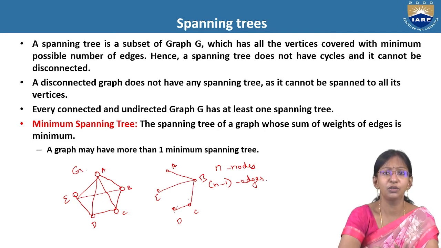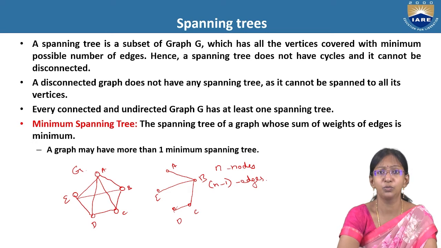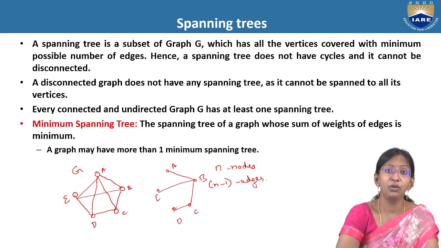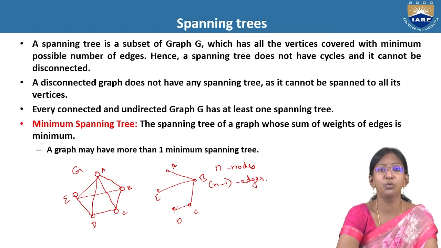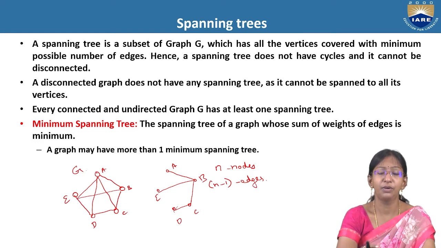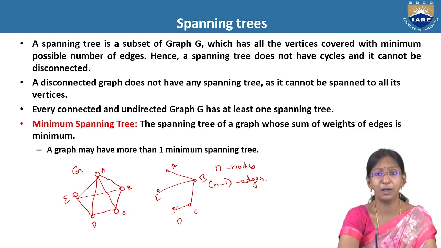I'm using only the vertices and the edges which I have, and I have not isolated any vertex. That means no node is unused in my structure while converting a graph into a spanning tree. So every connected and undirected graph has at least one spanning tree.